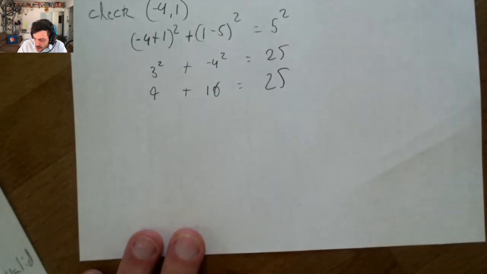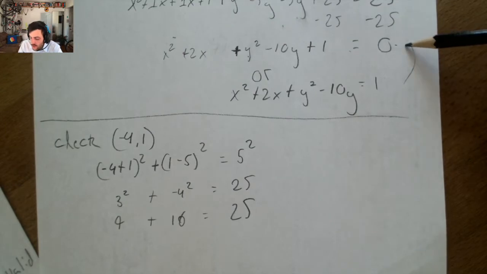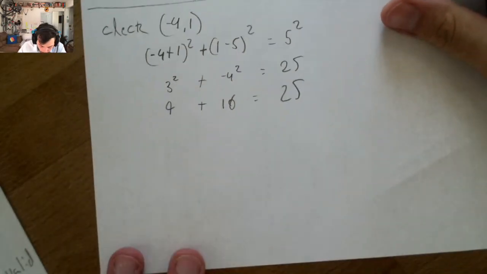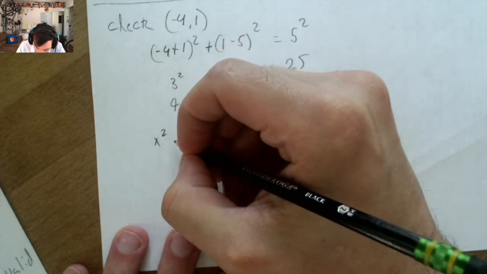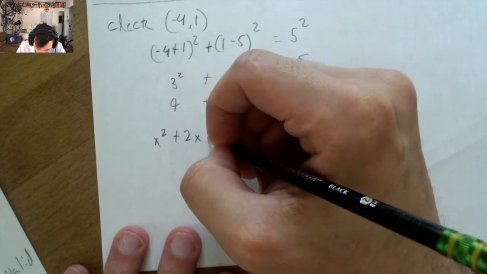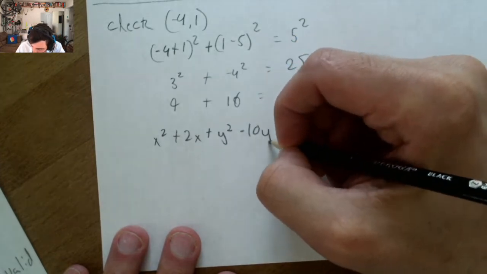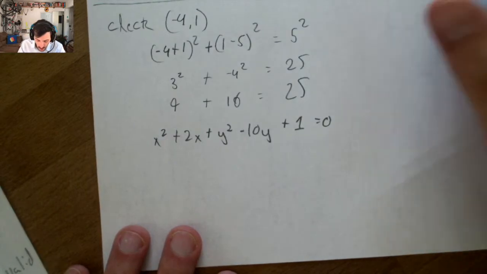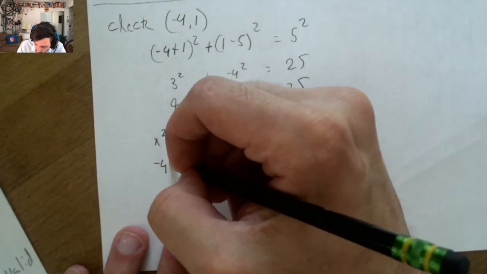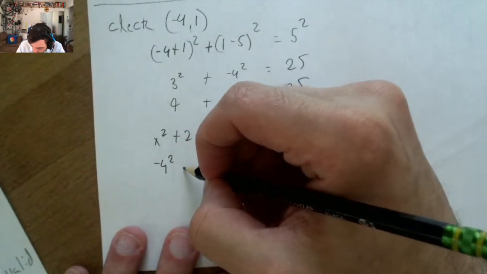So if we're going to take this representation of the equation, the one with our plus 1, we'll have a formula like this. Now we're just going to go ahead and substitute our values in, our negative 4 going into our x values.